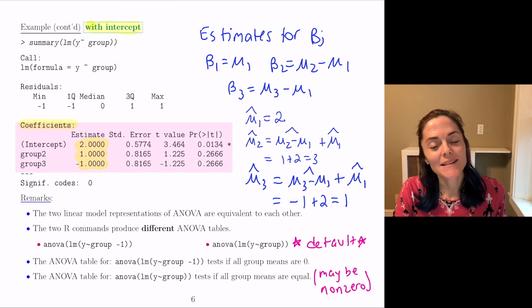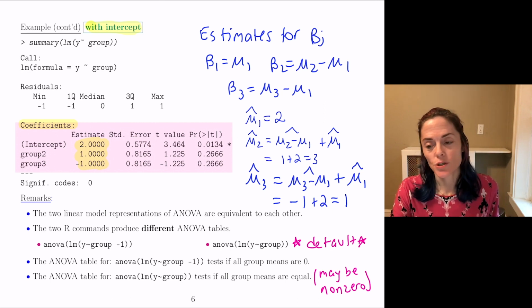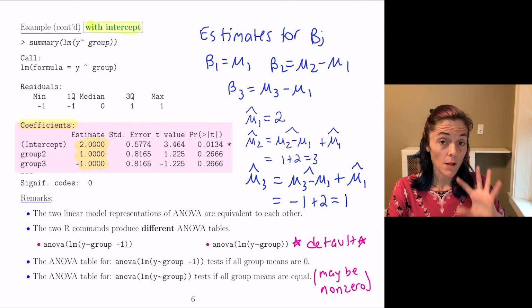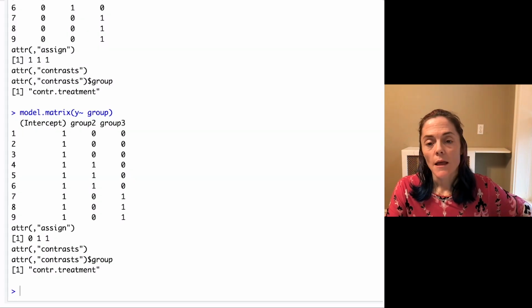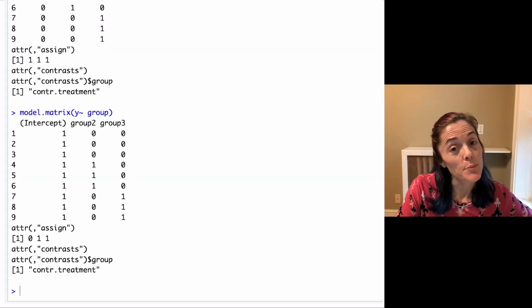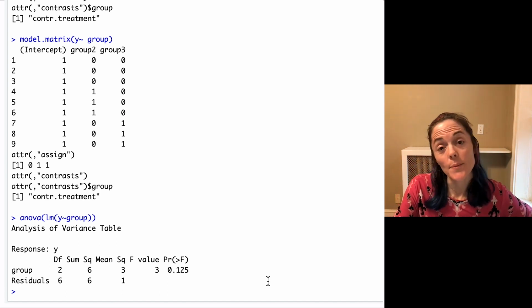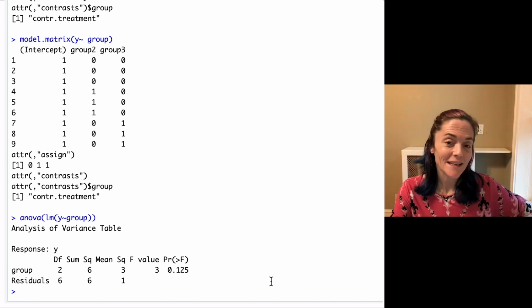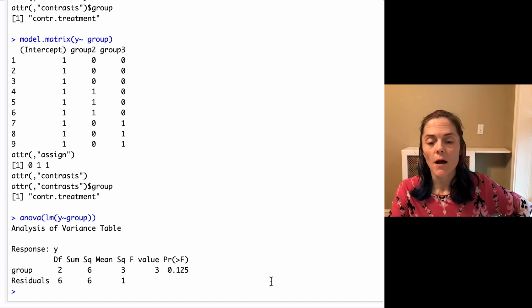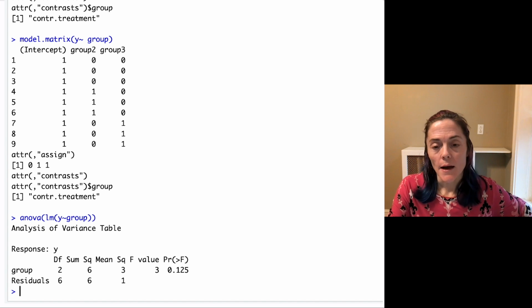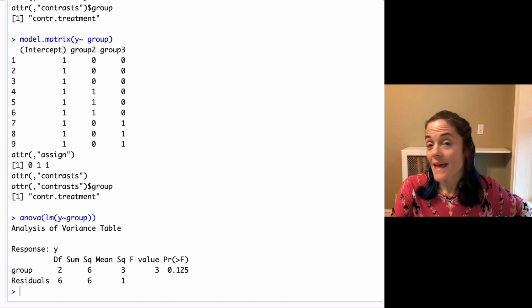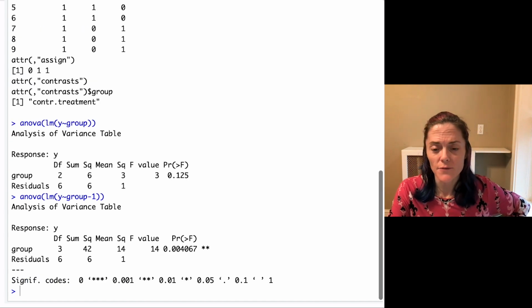This is really what we're interested in with our null hypothesis for the one-way ANOVA. Let's go back to R, and I can just show you these two for this small example. The ANOVA table that I had printed in the last notes is here. In fact, this example is small enough. There's only 9 observations. You would calculate all these numbers. Okay. Now, if we ask the ANOVA without the intercept, we get a different table.